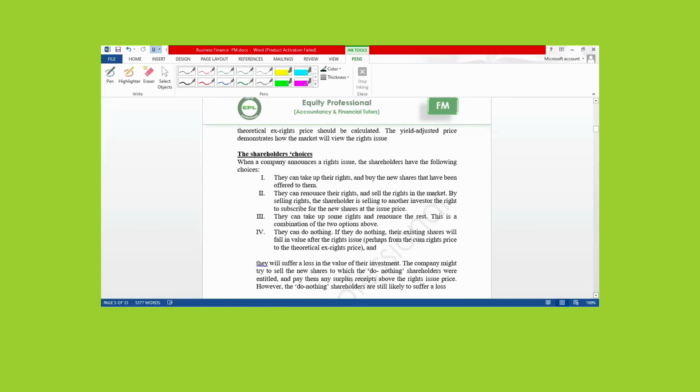Option 4, the shareholders can decide to ignore the rights. You can decide not to take any action.